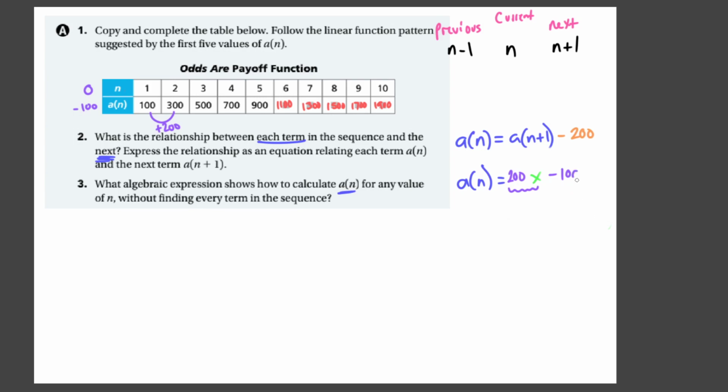And if you're ever unsure if your equation is going to work, you can always just take one of the terms and plug them in. So let's grab 3 and 500. So 3 is my n value, and A of n is equal to 500.